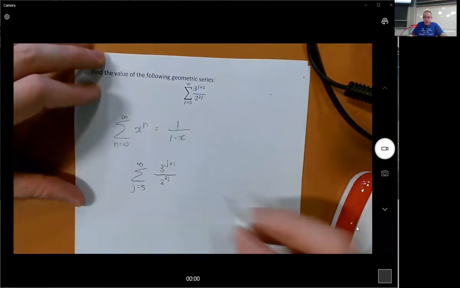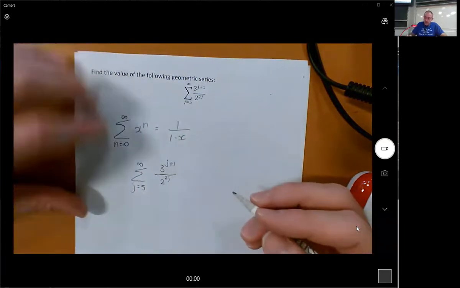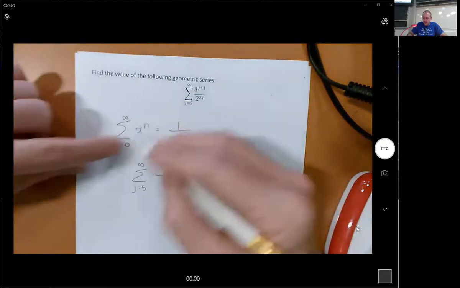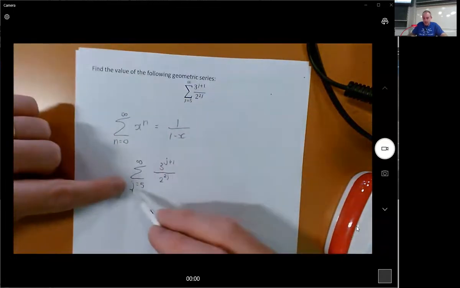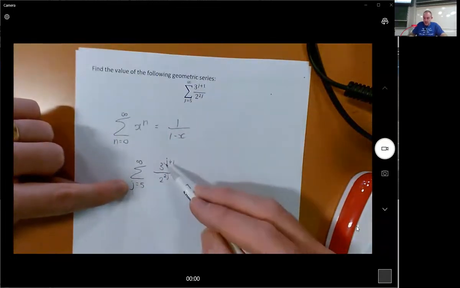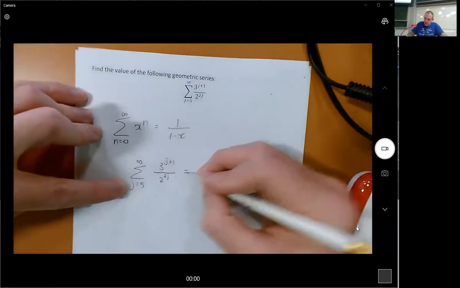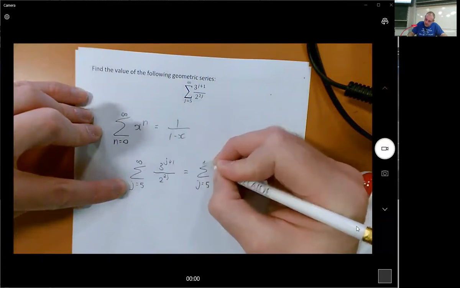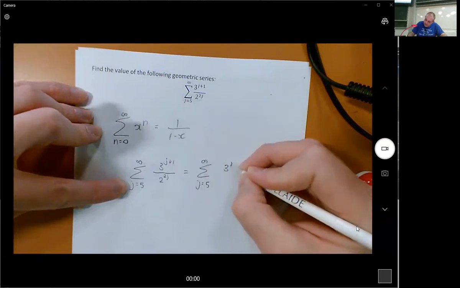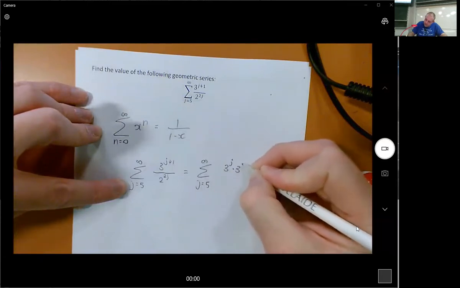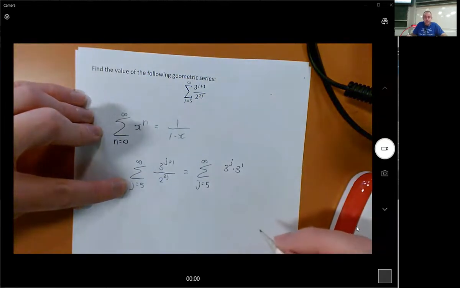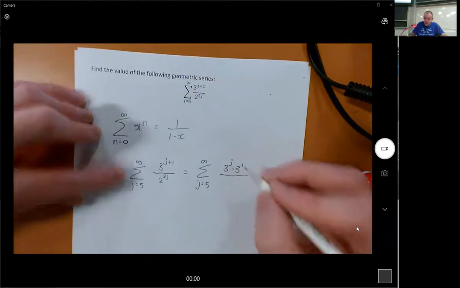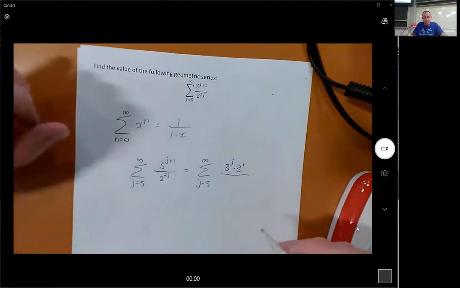Okay, well, the j plus 1, to make it just be the same power as this letter here, the j, then I'm going to need to go something like this maybe. 3 to the j plus 1 is the same as 3 to the j times 3 to the 1. And that'll give me a power of j, just like this has a power of n, so I reckon that'll be good.